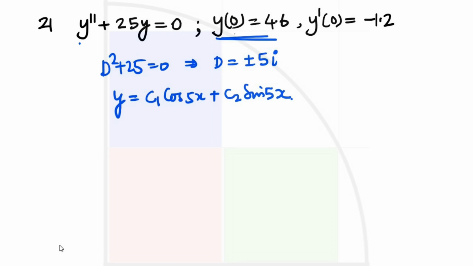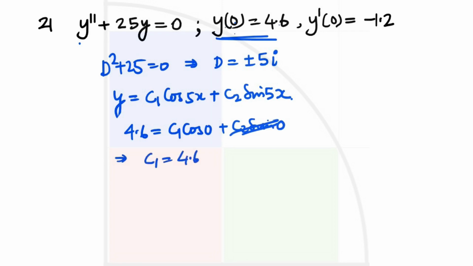It says that when x is 0, y will be 4.6, which means 4.6 is equal to c1 cos 0 plus c2 sin 0. Here cos 0 is 1 and sin 0 is 0, so this will go off and we get only c1 is equal to 4.6.